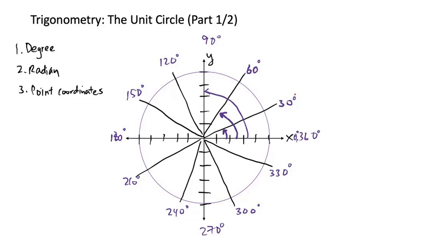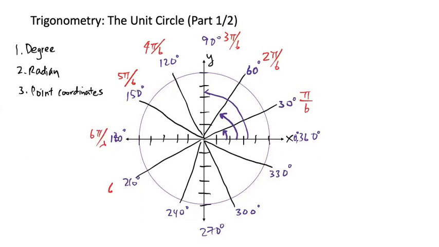So for radians, it is pi over 6, 2 pi over 6, 3 pi over 6, 4 pi over 6, and now you guys can see the pattern, right? 7 pi over 6.